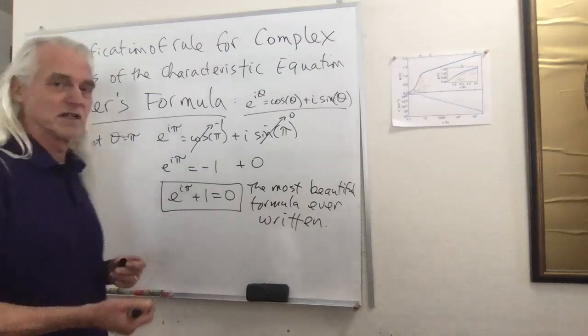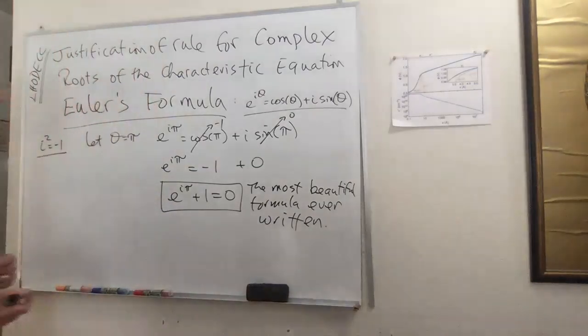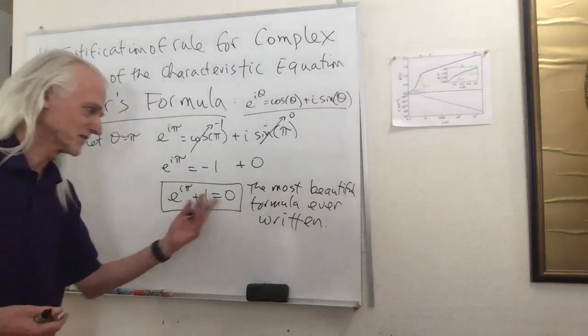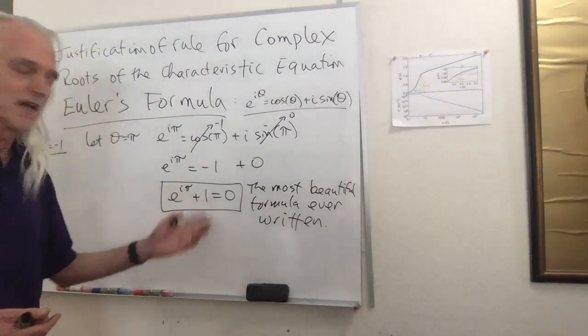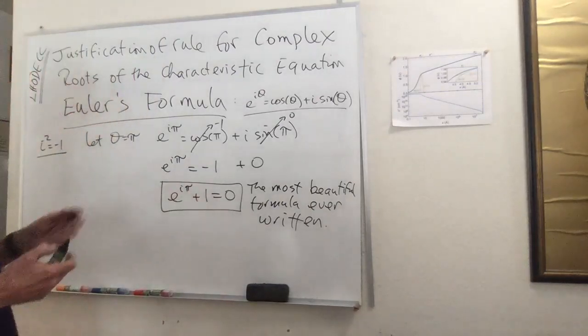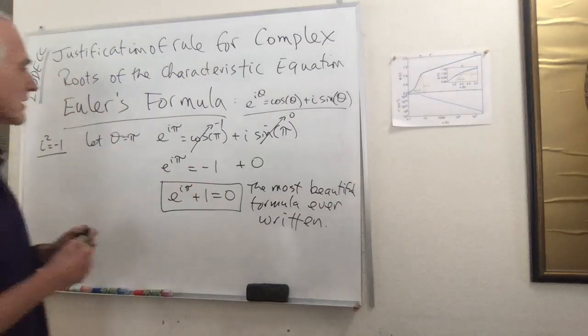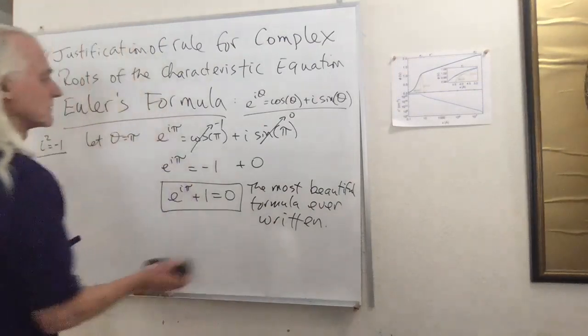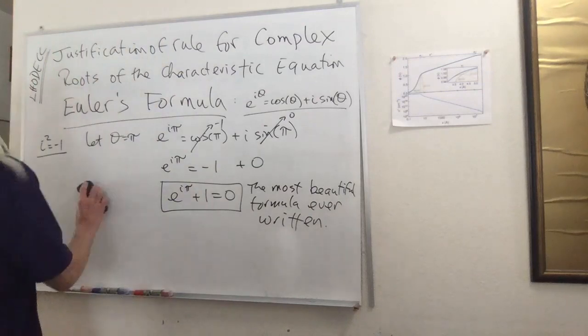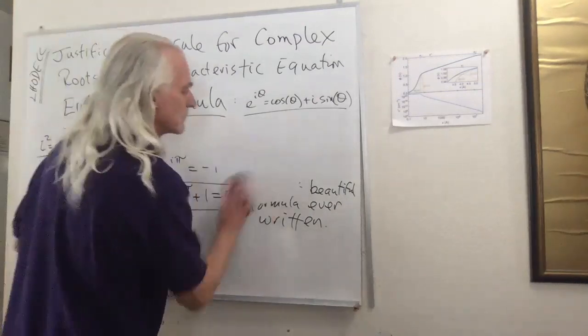It's got all the important numbers in higher mathematics, as well as lower mathematics, like the plus sign and equal sign, and numbers 0 and 1. All right. So that's beautiful, but I'm going to erase it.